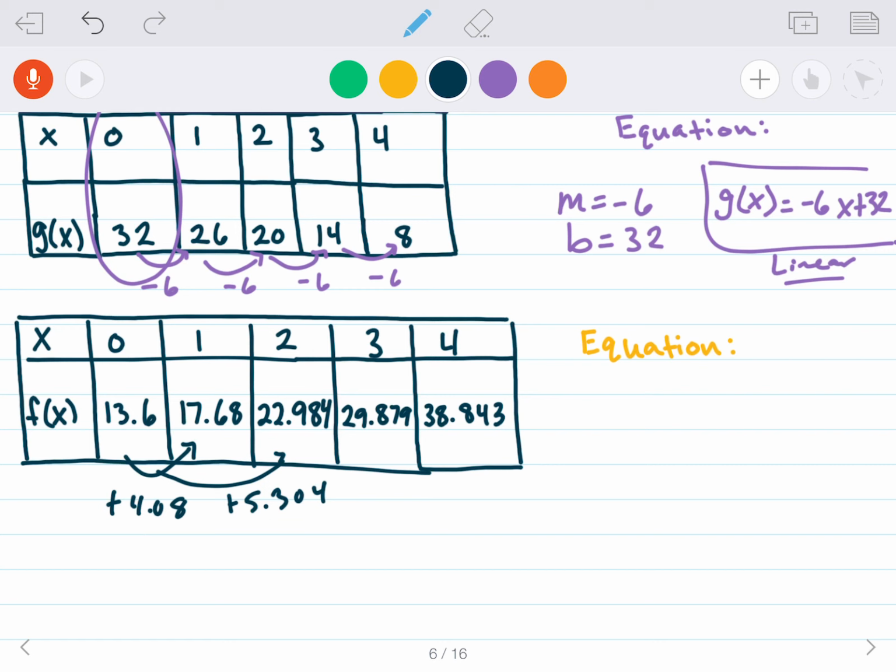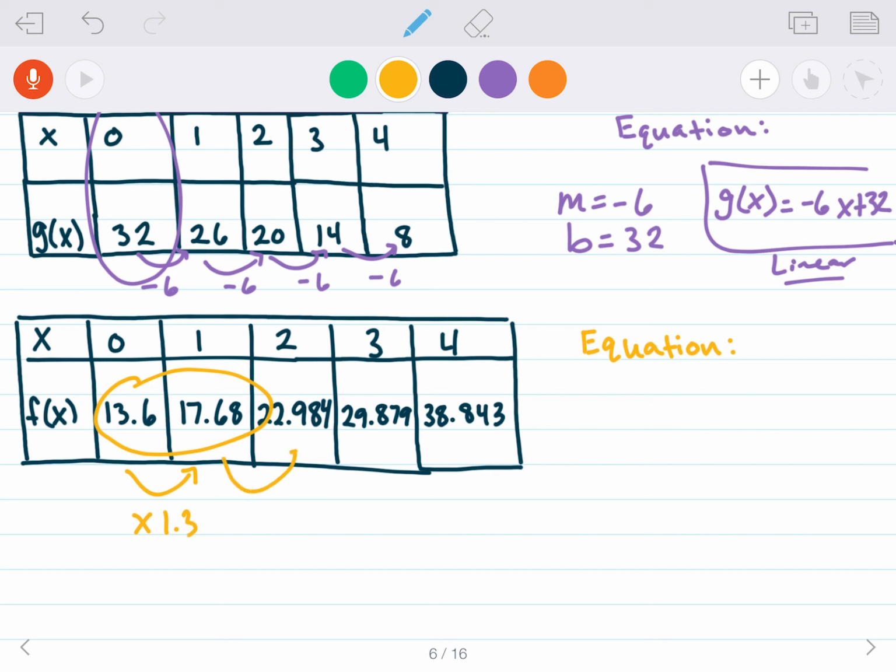Let's check to see if it's exponential. If it's exponential, we want to see if their ratios are the same. So for this one, what's the ratio between 17.68 and 13.6? Dividing by 13.6, I'm getting 1.3. So from here to here, I have to multiply by 1.3.